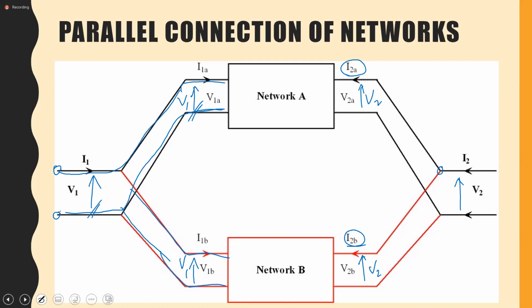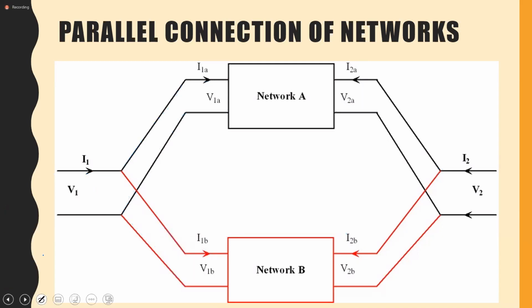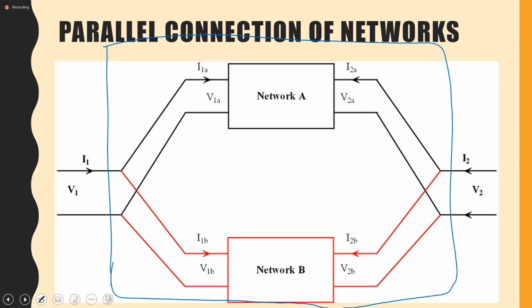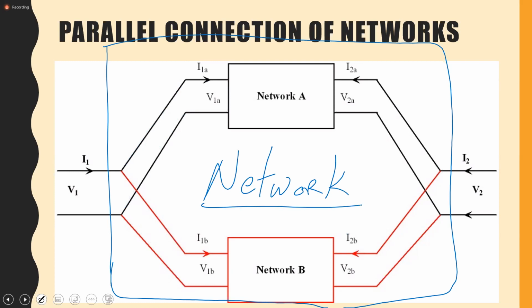Now, students, what we also want to bear in mind is the fact that those two networks form a single network. And that single network has at its input V1 and I1, and V2 and I2.